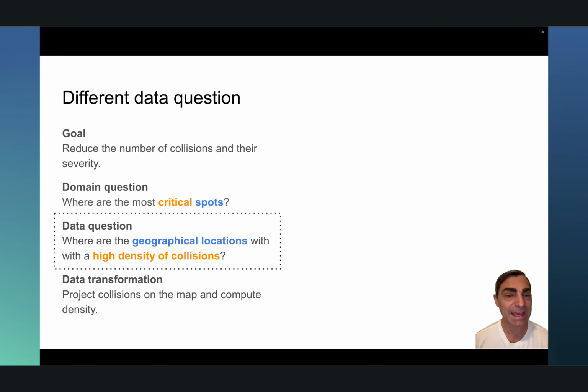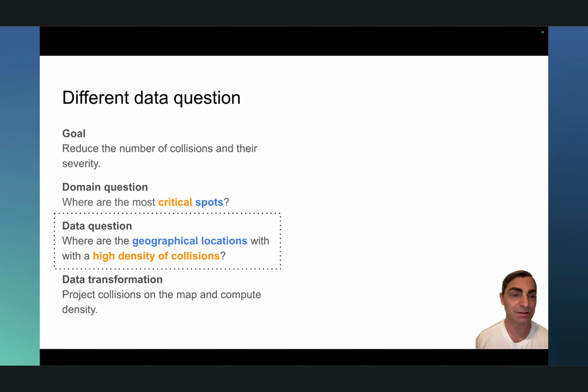Okay, but we can, as I said before, use a different data question starting from the same domain question, right? That's the whole idea in this lecture. So what is another possible data question? Another possible data question is, where are the geographical locations with a high density of collisions? So now this is slightly different. It's no longer about zip codes, and it's no longer about the number of people injured, but it's about how the density of collisions changes around the geographical area of New York City.